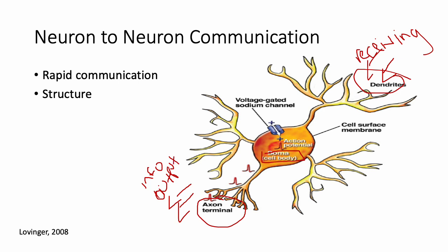Okay. This picture also shows you voltage-gated sodium channels located in the membrane of the axon, which is what we talked about earlier. So I'll change the color because this has to do with our ion channels from earlier. These allow for positively charged sodium ions to enter the neuron, resulting in the rapid conduction of the excitatory action potential to the terminal.